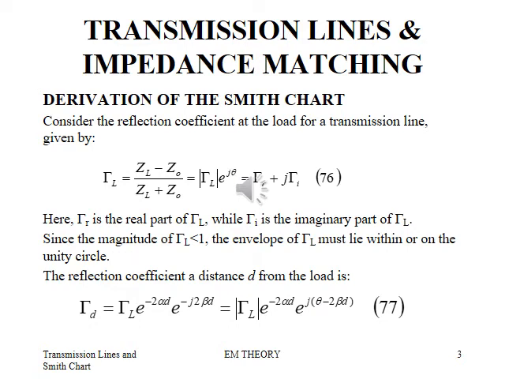Remember, the assumption here is that α is not 0. But in general, when we are deriving the Smith chart, we assume that α is 0, that is, the line is lossless.